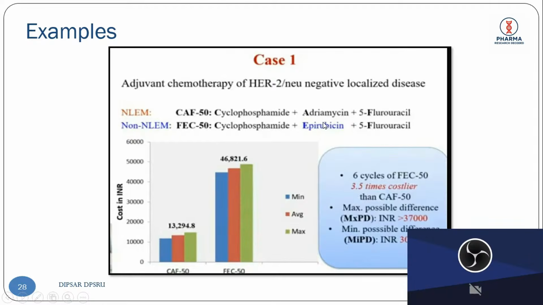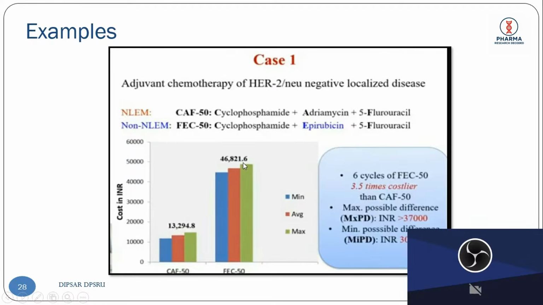So by replacing just one medicine, you can see that if you are prescribing as per this NLEM, the cost is 13,294, right? And if you are replacing only one medicine, you can see how much the cost burden has increased to the patients: 46,821.